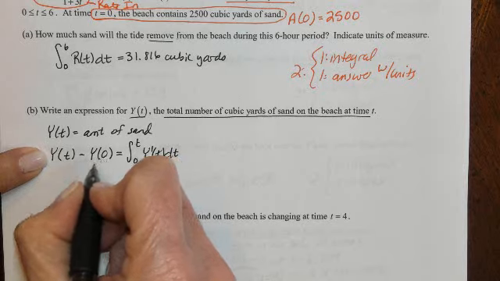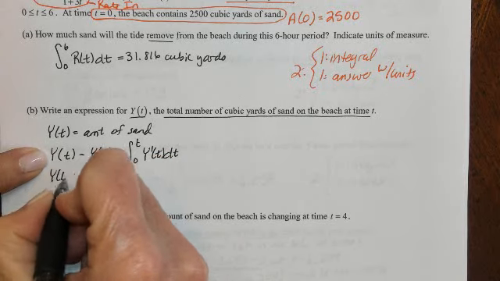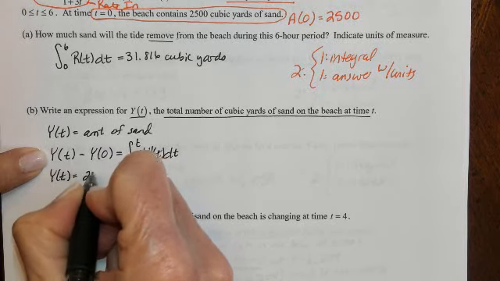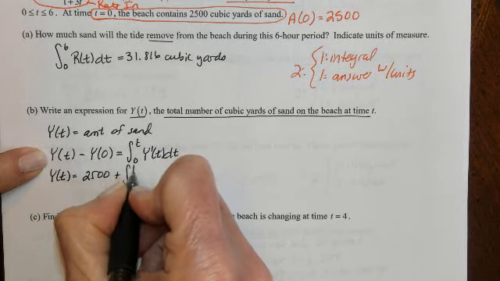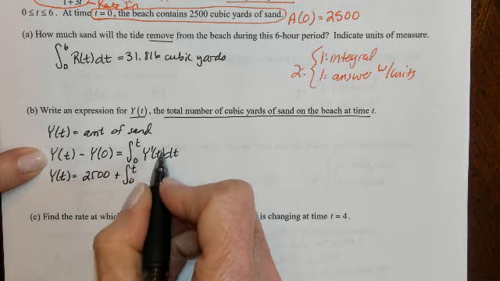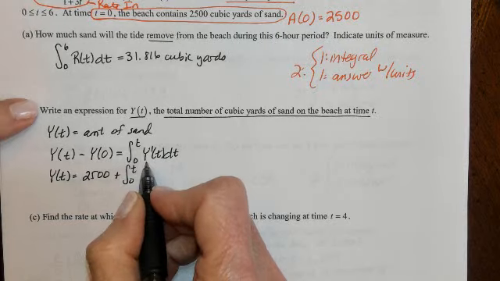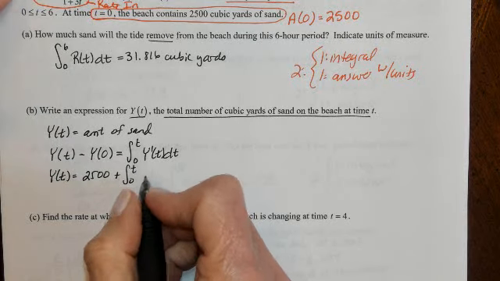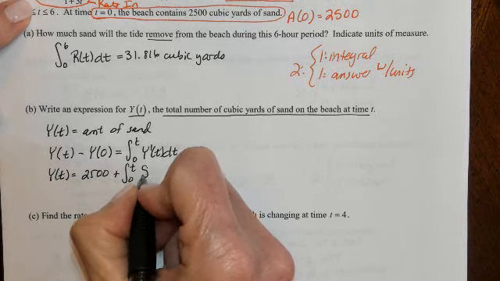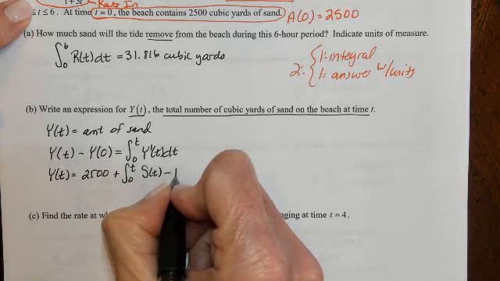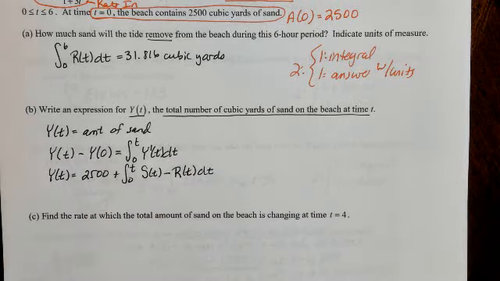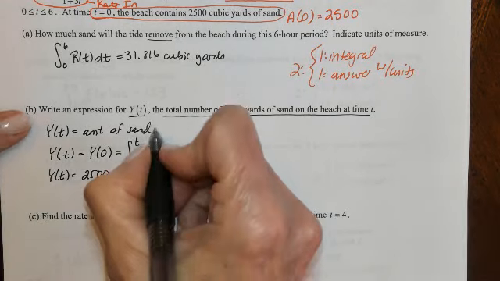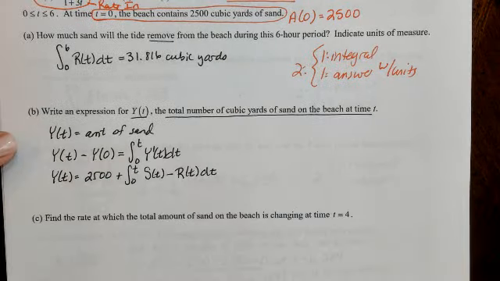Y of 0 is 2500. Y prime is RateIn minus RateOut. That's my S of t minus R of t dt.